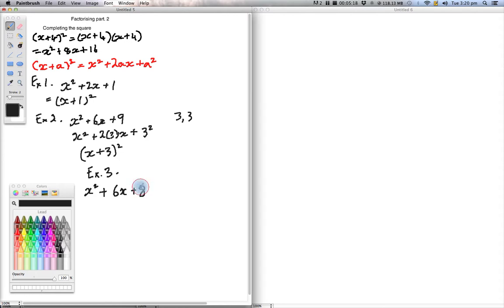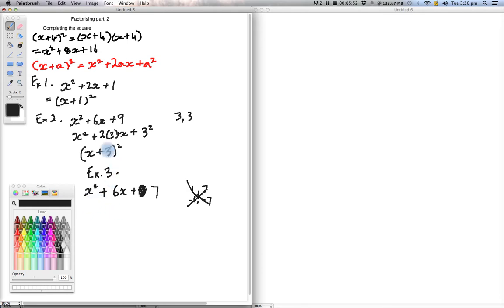Sorry, let me change that plus 8 to a plus 7. There we go, that's much better. Now we can't because the only factors of 7 are 1 and 7, or -1 and -7. If you add 1 and 7, it gives 8, which is not 6. If you add -1 and -7, it's -8, which is not 6. So we can't use that. We can't use the thinking about it method.